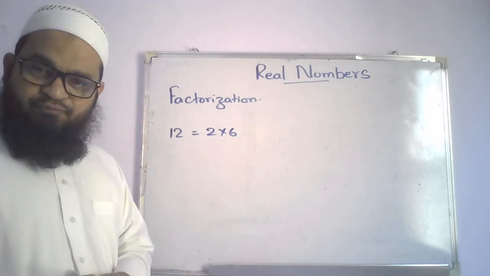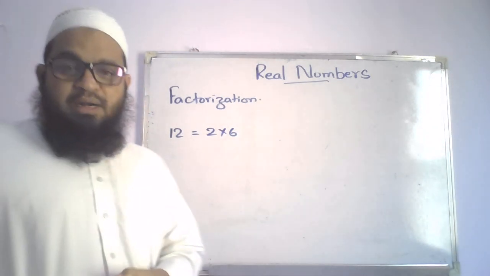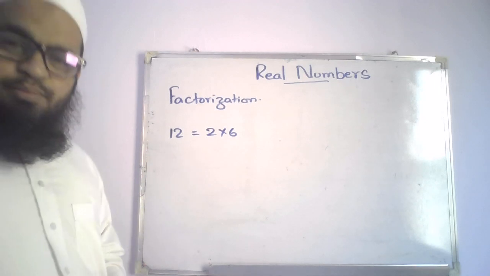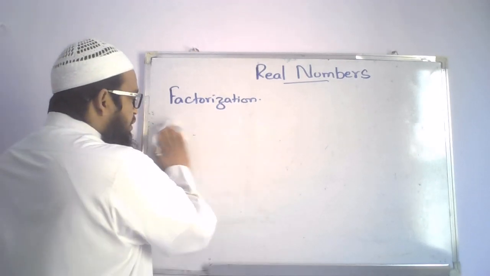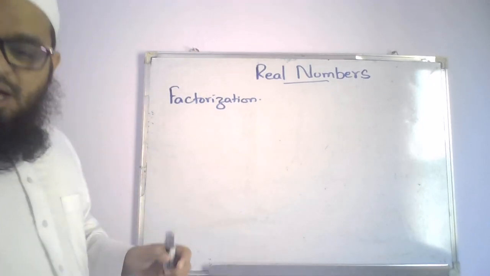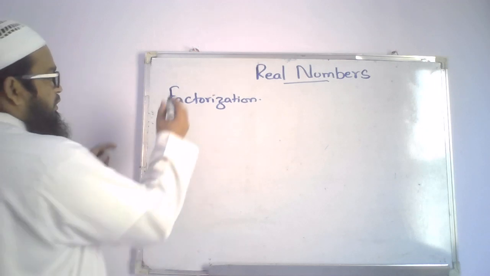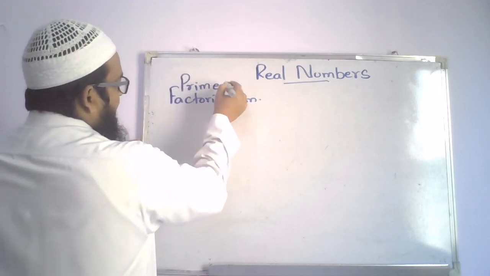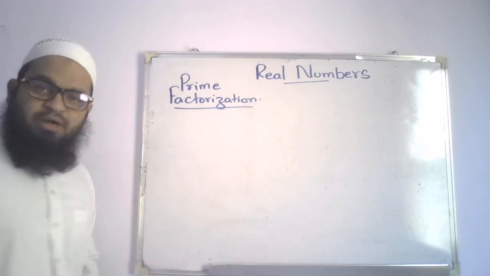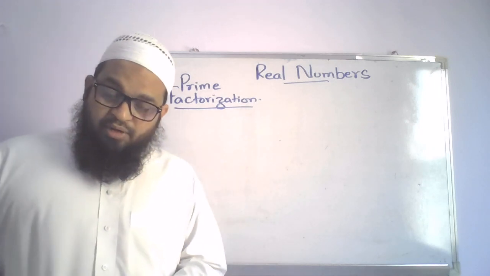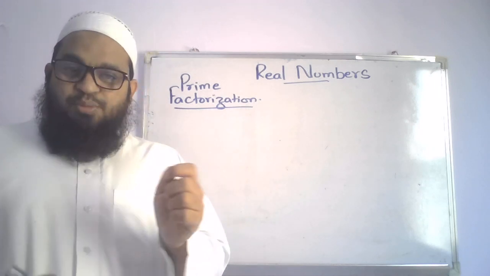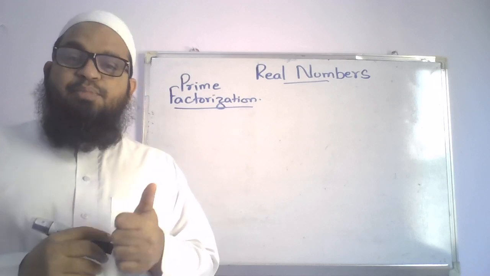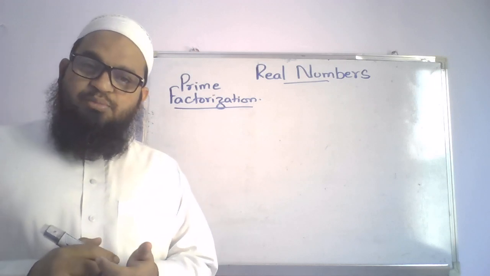This is called factorization. But what is important for grade 10 is prime factorization. What is prime factorization? Expressing the given number as a product of prime numbers is called prime factorization.